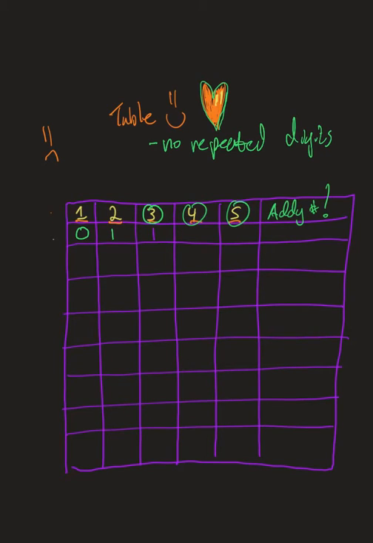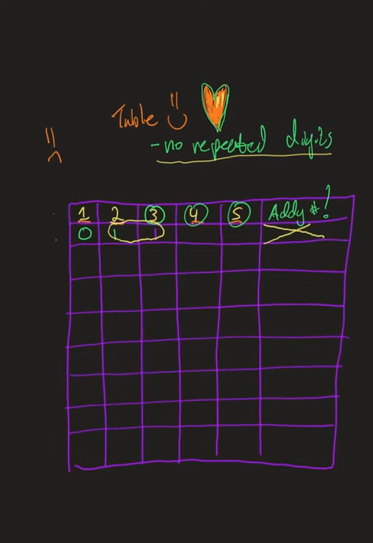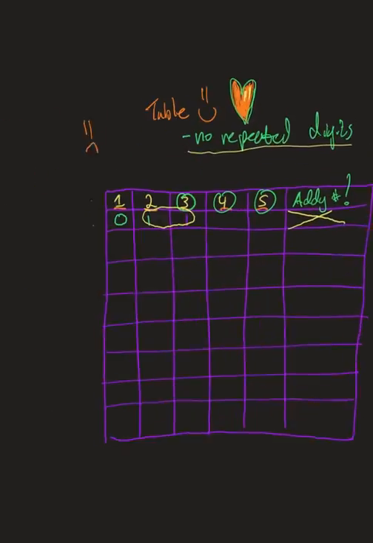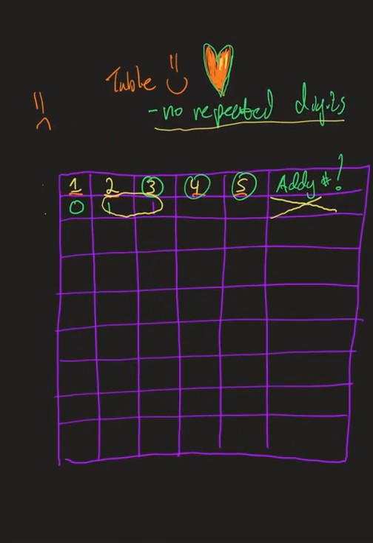Uh-oh, now I've run into a problem. There can be no adding number that begins with 0. Why? Because I've just repeated digits, 1 and 1, and the rule says I can have no repeated digits. So let's work systematically and try the next biggest number.